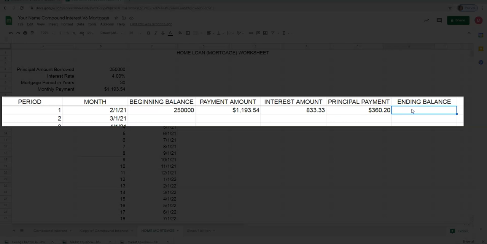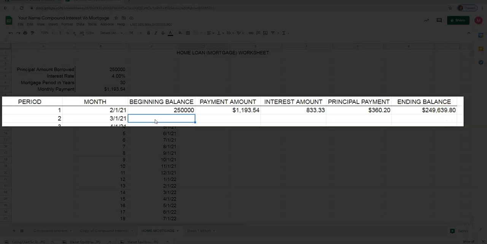So then the ending balance is going to be the amount that we started with at the beginning of the period minus the amount that we paid towards paying off that loan, the principal payment, this one here. So then at the end of the first month, we owe $249,639.